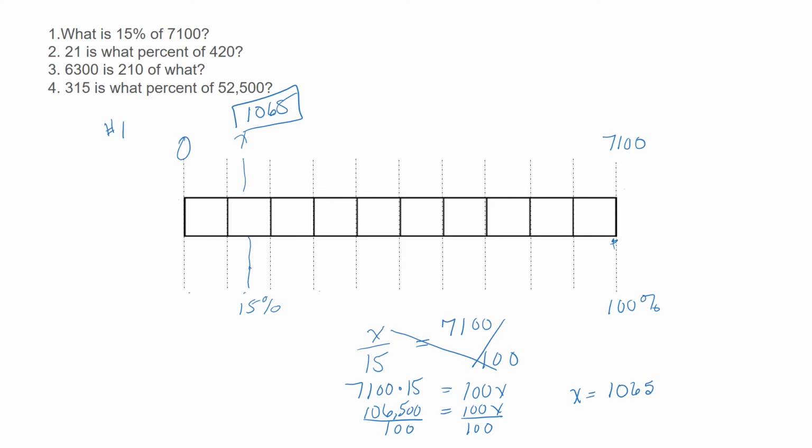Now, if you wanted to check this answer, you could take 1065 and divide it by 7,100.